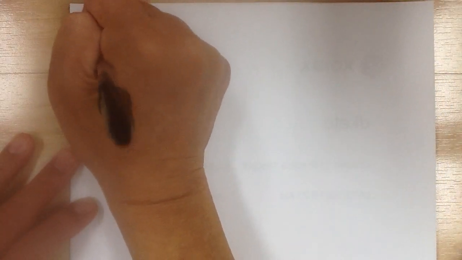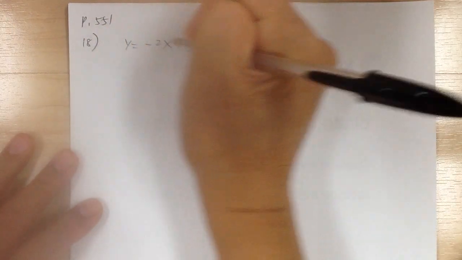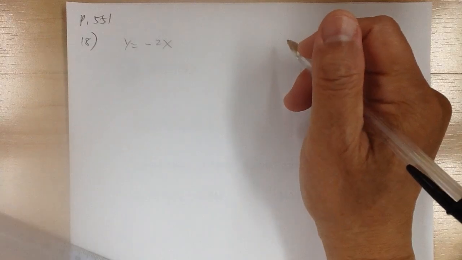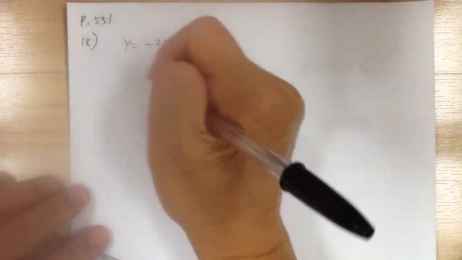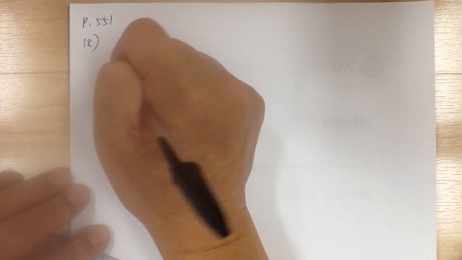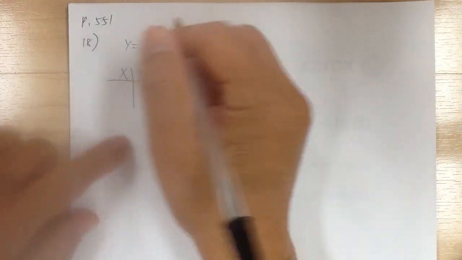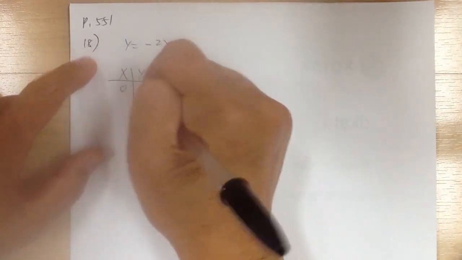Okay, next one. Okay, number 18, you got y equal to negative 2x. Okay, so this one you can do different ways. So again, you can make the x and the y. So if you let x equal to 0, then y will equal 0.